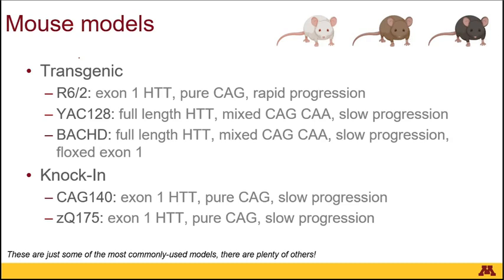The next important difference is in CAG tract purity. The CAG tract is prone to expansion and instability, and for that reason, mice with pure CAG repeat tracts need to be monitored occasionally for repeat length. For example, the CAG140 mice were originally developed, and then the colony underwent a spontaneous expansion to 175 repeats, giving rise to that zQ175 mouse model.